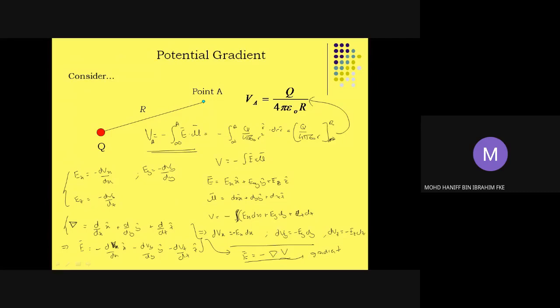So this is the equation of potential gradient, in which we can find the electric field intensity E by simply evaluating the negative of the gradient of potential V.